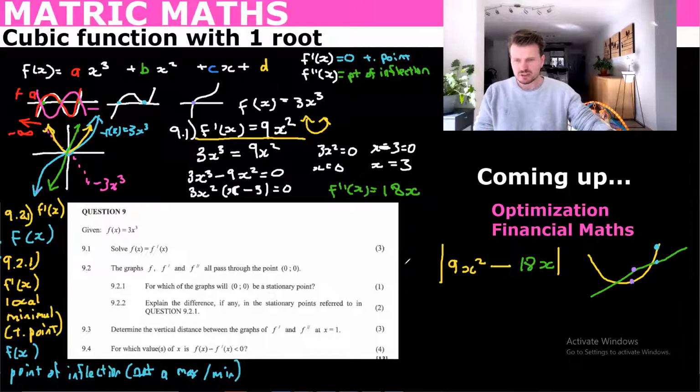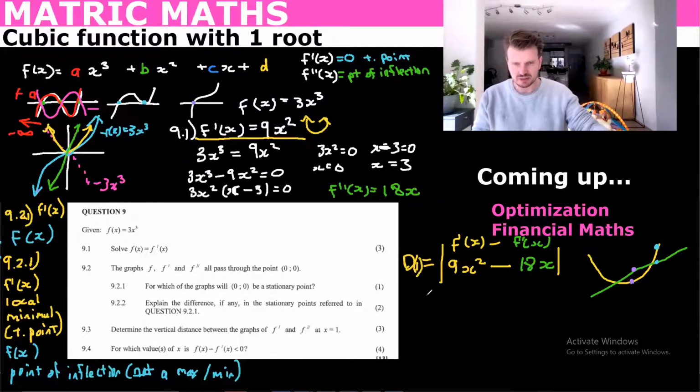Well, let's just say the distance is equal to that, right? This is f double dash of x, and this is f of x. And what I want to do is I want to substitute in the distance, they ask it at x equals 1.